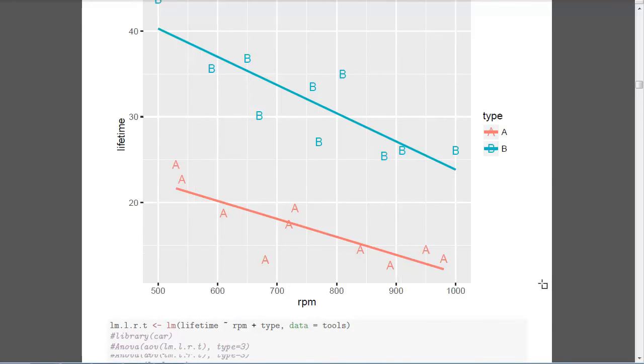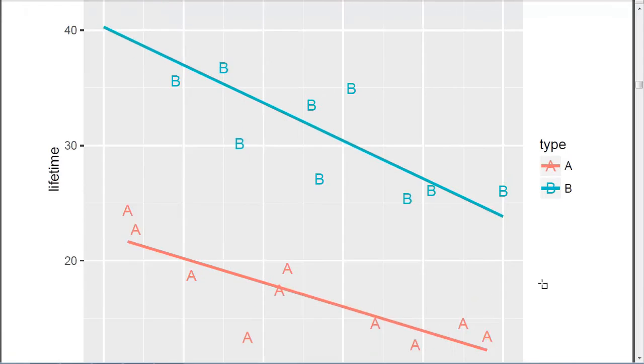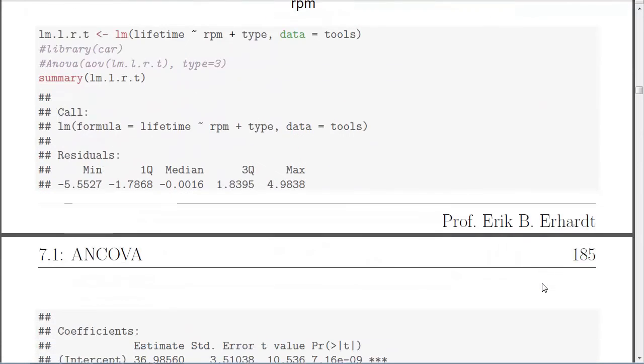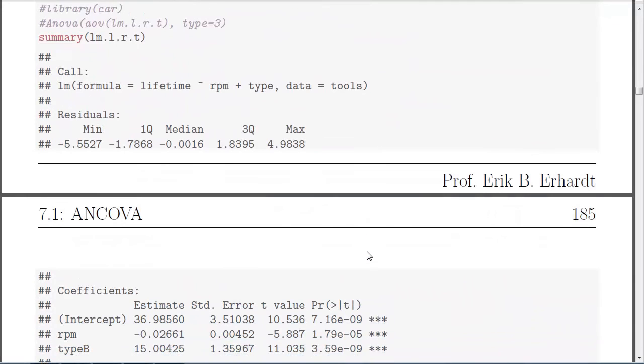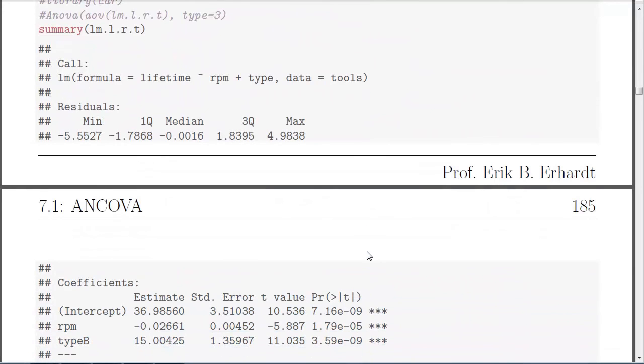We had main effects for RPM and type. I'll zoom in again. And when we evaluate that model in terms of the terms that are significant, okay, we're not assessing model fit at this point, we find that the main effect for RPM is significant, and the intercept for type B looks like it's about 15 units larger than type A, and that is a significant difference.